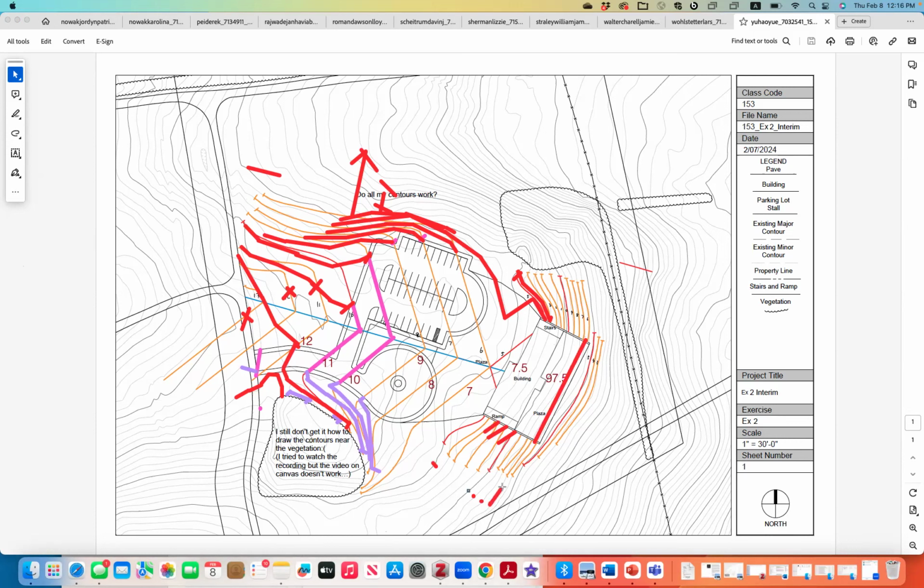Your 97 is over here, so it should be pretty easy to connect back, and your 96 should be able to, well, a little bit of change here, and then you would be able to merge back into the original 96 and 95. Okay? All right, close. Good.